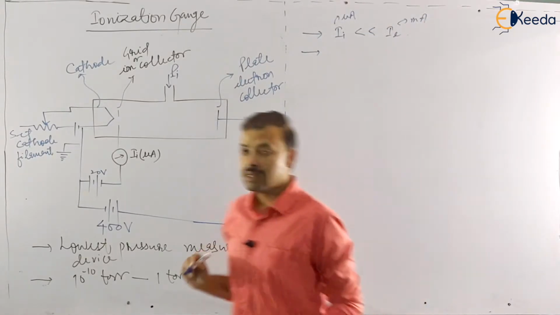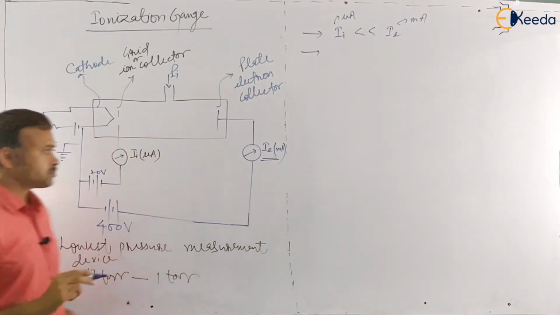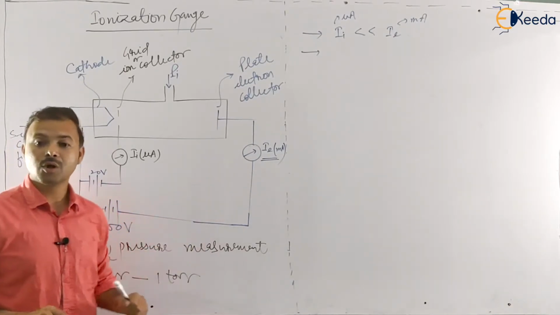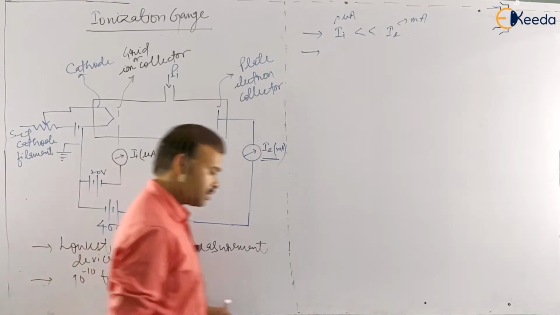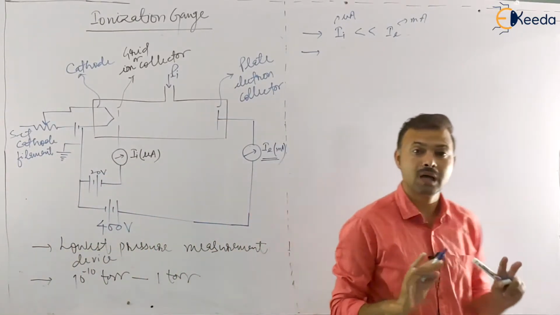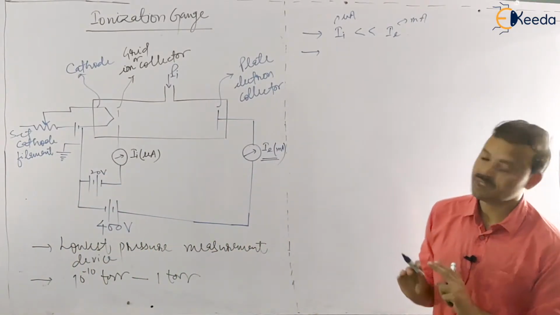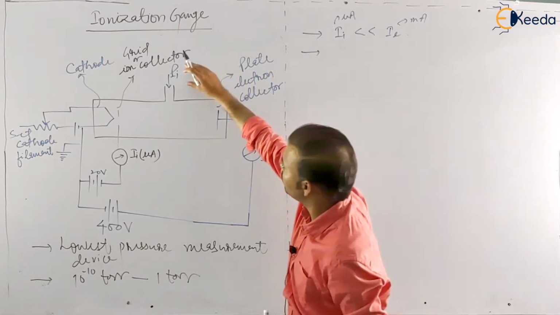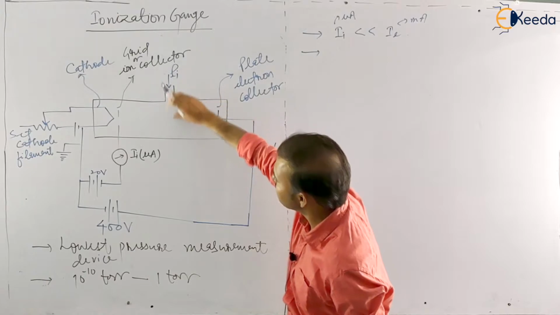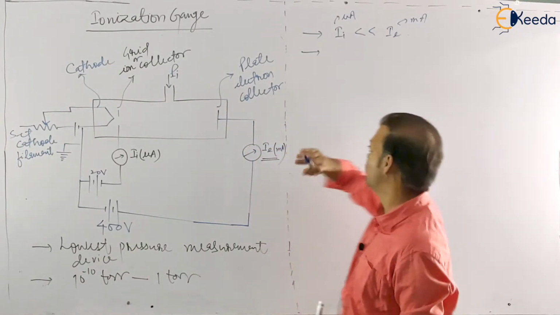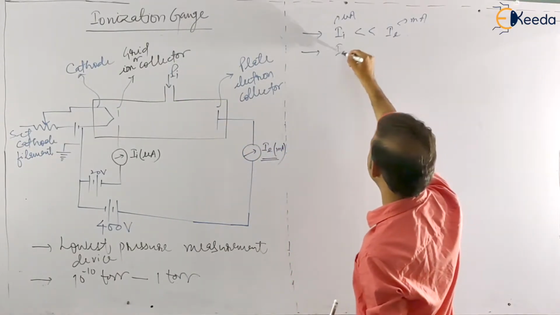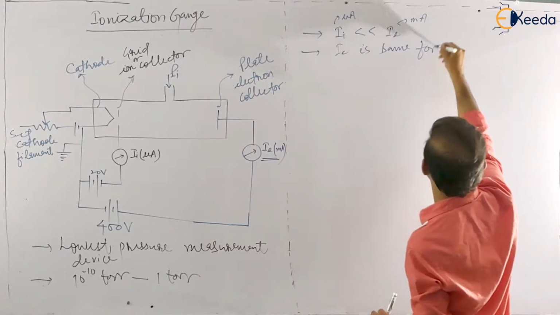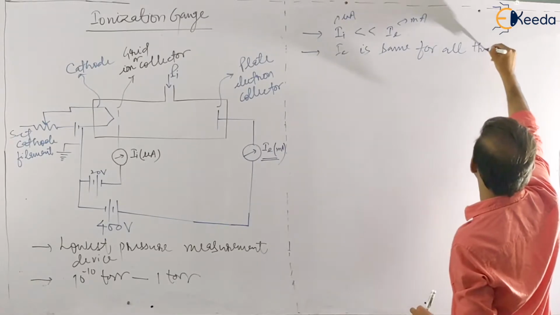Second point is that electron current is the same for all the vacuum. Electron current will not be changed for this particular setup, whatever vacuum gas is applied through this port.